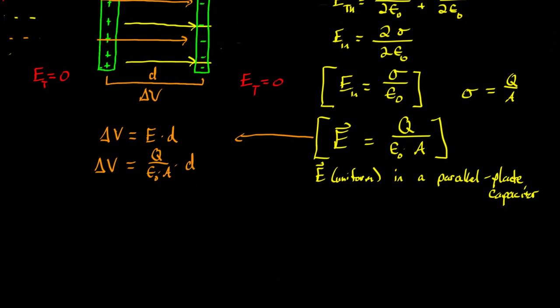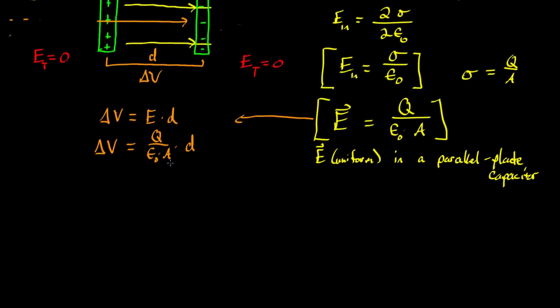Now, what I'm going to do is move this stuff around because I want a relationship between the charge and the potential difference. That was the idea. So if I do that, I can move the Q over. So we would get delta V over Q is equal to, or wait, that's not how I want it.